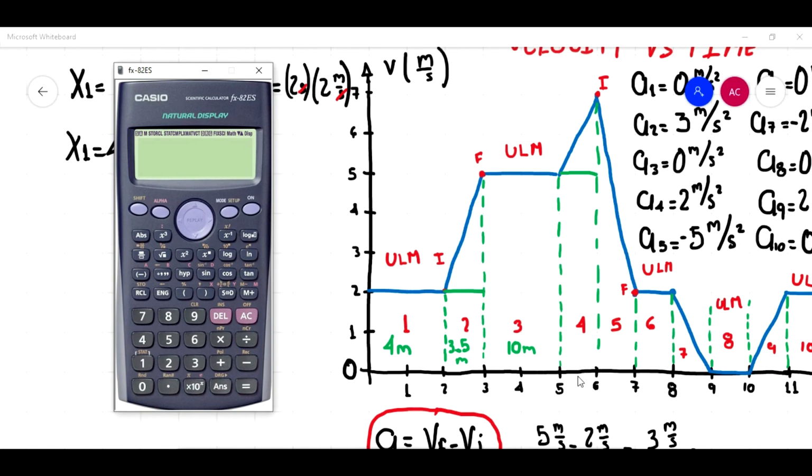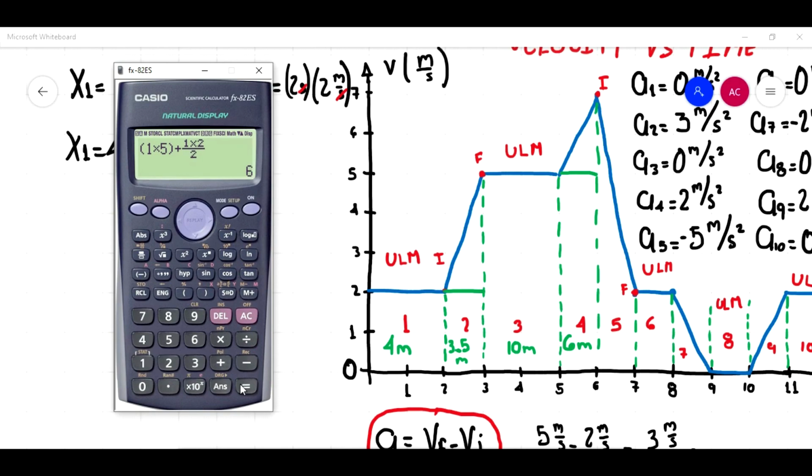So the area of the rectangle will be 1 times the height, that is 5, plus a triangle, so the base is 1 times the height, which is 2, over 2. How much is that? 6. Okay, this is 6 meters.